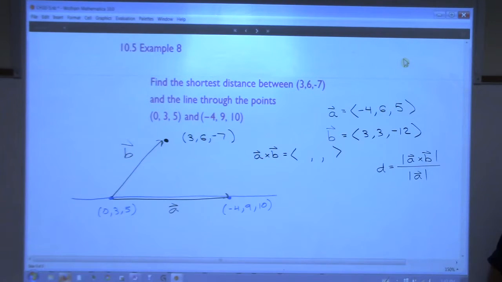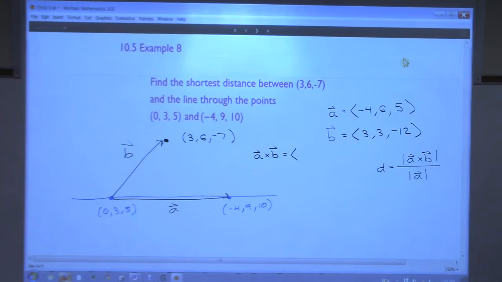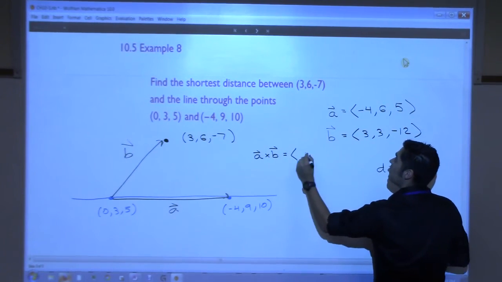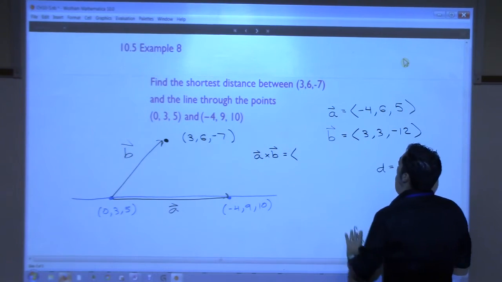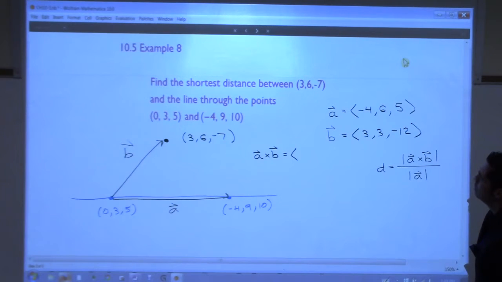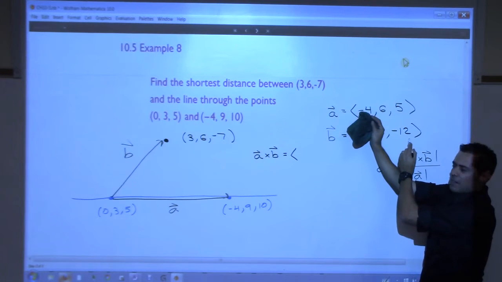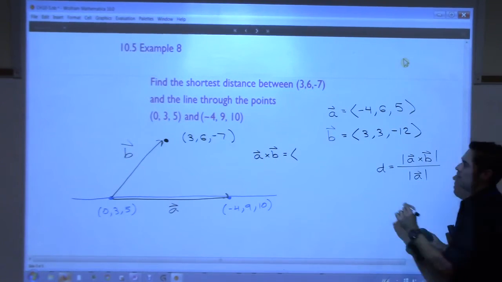I think we'll need a calculator for this. Okay, first one is what? 57? I don't know about that. Hold on. I got negative 87. We're doing 6 times negative 12, negative 72, take away 15, so negative 87.